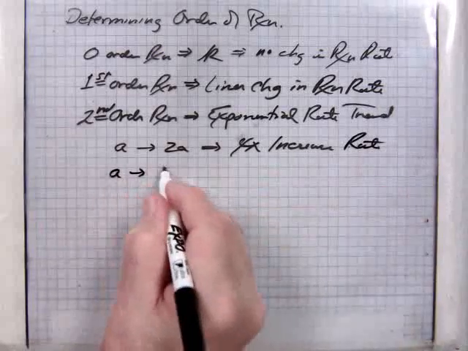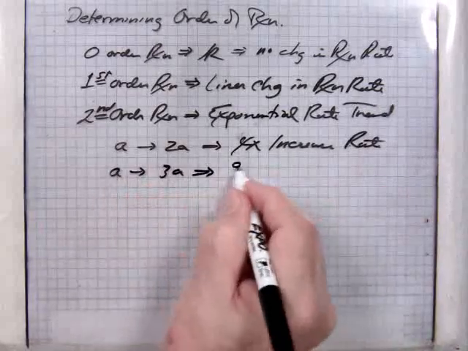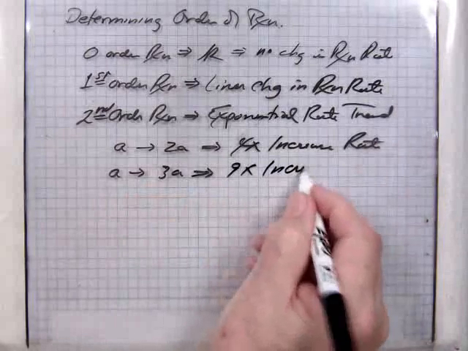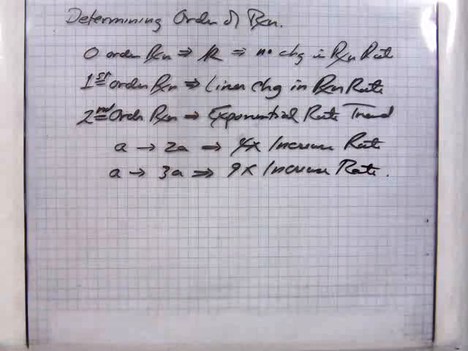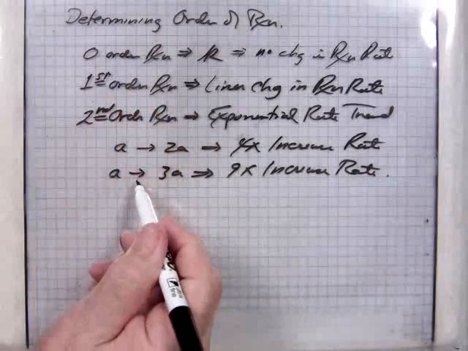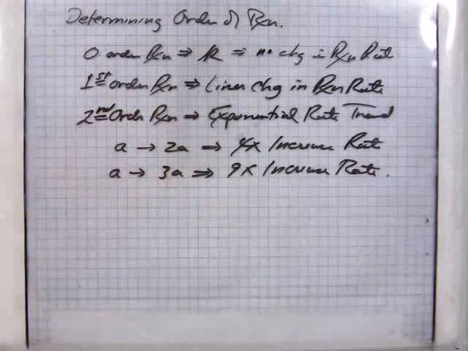A to 3A, it gives you a 9 times increase in rate. And 4A, 16 times, and so forth. Okay, so what am I telling you to do? You have to relate this to the problems we're going to work right now.